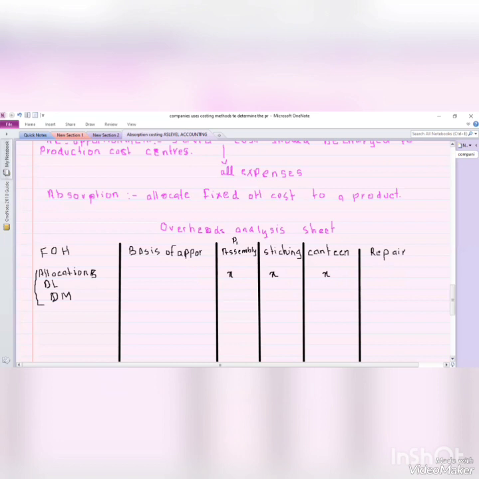The repair department also has workers, so their direct labor cost will be transferred to the repair department. The same goes for direct material. Some material may be used in assembly, stitching, canteen, and repair departments, so we put those direct material costs into their respective departments.